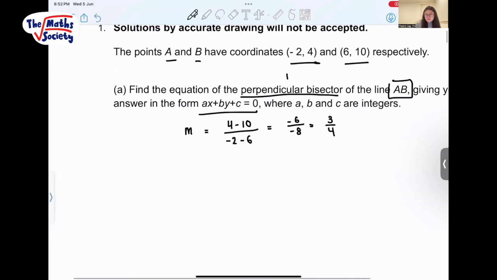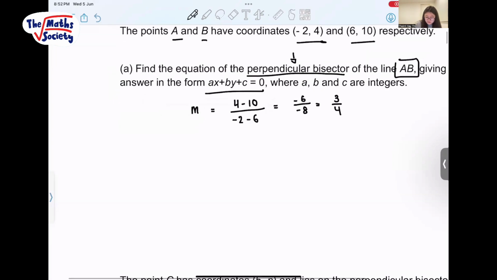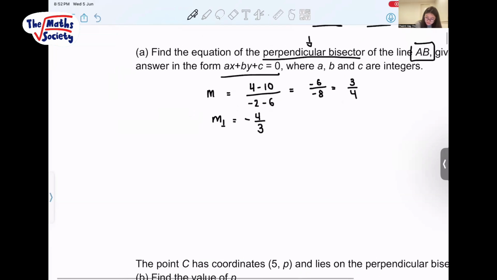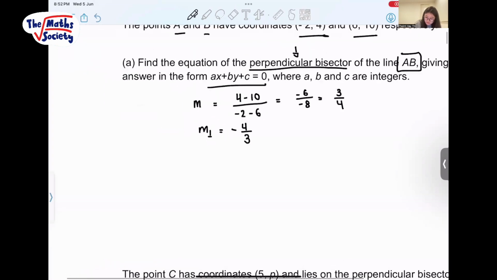But because they tell us it's a perpendicular bisector, you have to flip it around. So you multiply by minus, and then you just change the denominator and the numerator. So it'll be -4/3. So that's your new gradient, because they asked for the perpendicular bisector of the line AB.